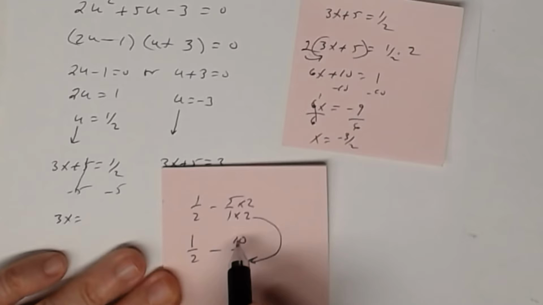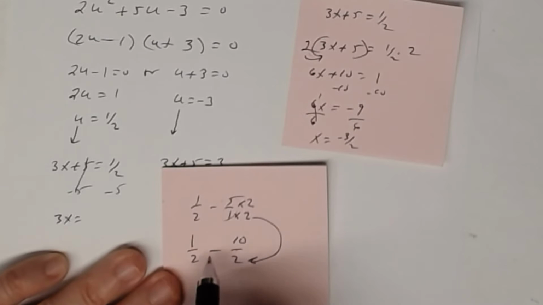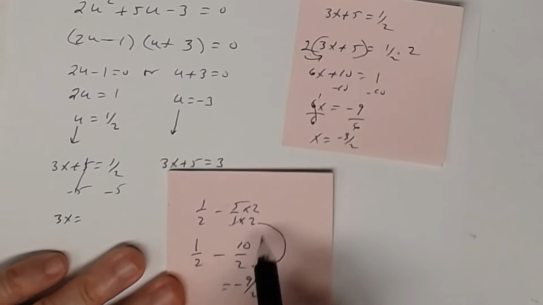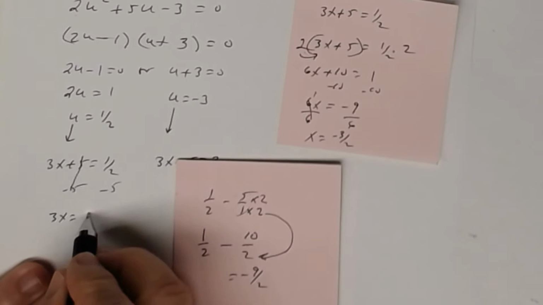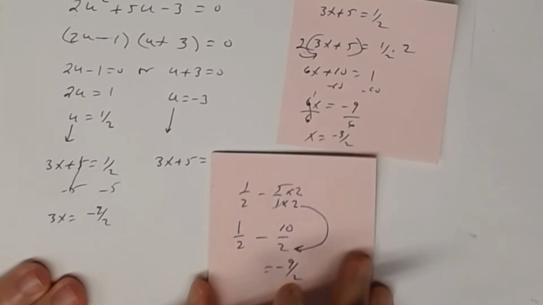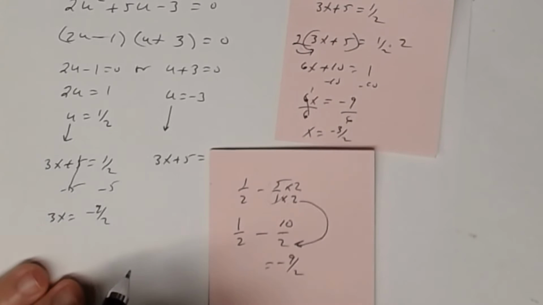Always check yourself: 10 divided by 2 is the 5 you want it to be equivalent to. So now I have 1 half minus 10 halves, which is negative 9 halves. So 1 half minus 5 is a negative 9 halves.